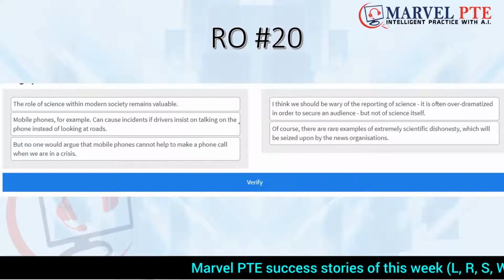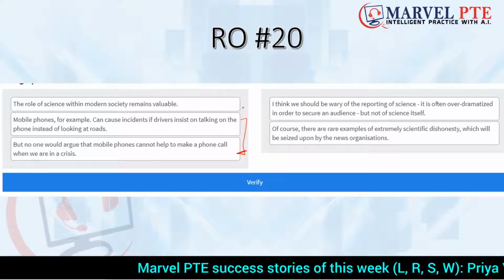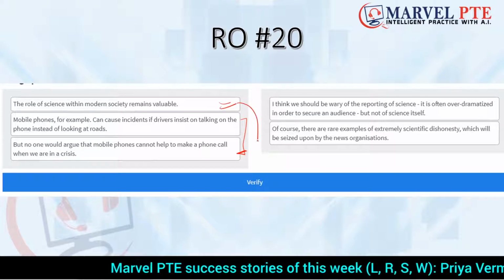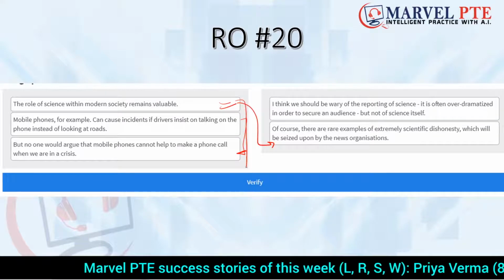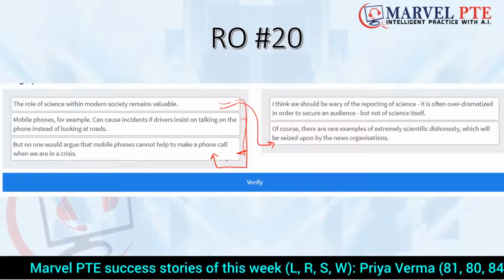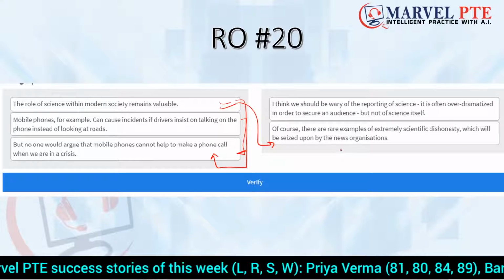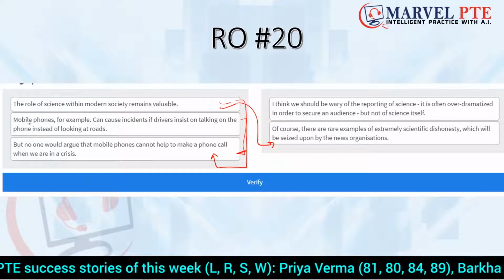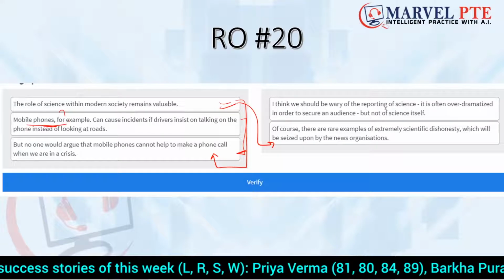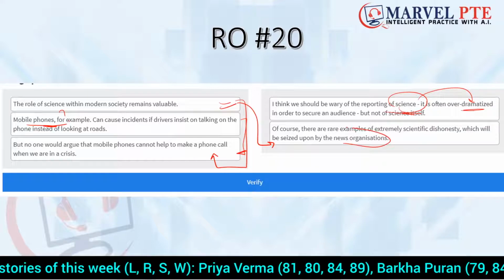Now we know that this is a pair, right? And now the only thing left is whether this line will come over here or this line will come over here. So if you go through the flow and the logic of this reorder paragraph, you know that we are going to give an example. Example of what? Example where the reporting of science is often dramatized by news organizations.